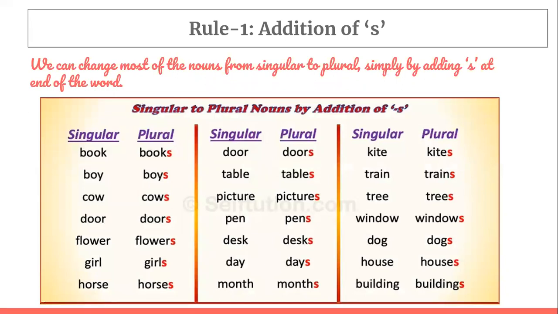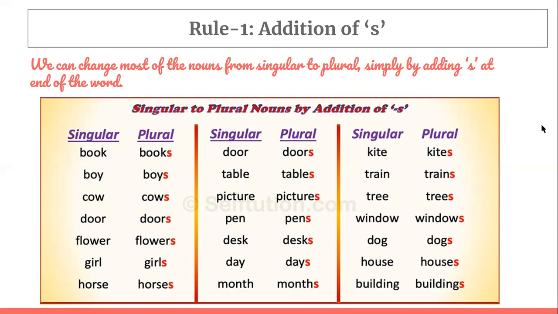Now, the plurals of the nouns can be formed in various ways, but there are different rules. Rule number 1, addition of an S. This is a very simple rule which I think you all may have used or are aware of very much. So, rule number 1, addition of S. You don't have to write everything in your notebooks, children.